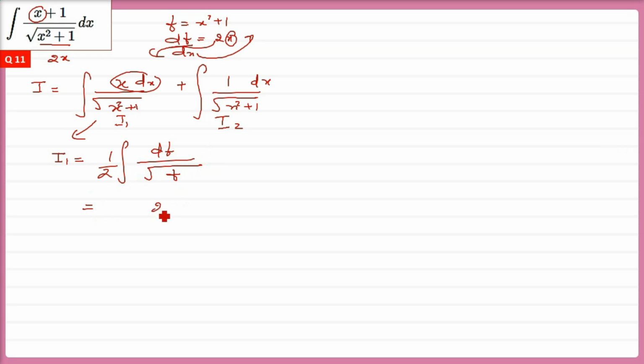Now dt by under root t is directly 2 root t, 1 by 2 is already there, 2 gets cancelled, you have under root t. Then a constant of integration, let's call it c1. So what do we get? Under root x square plus 1 plus constant of integration. This is your I1.